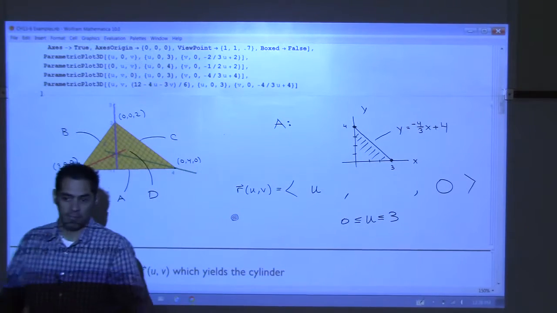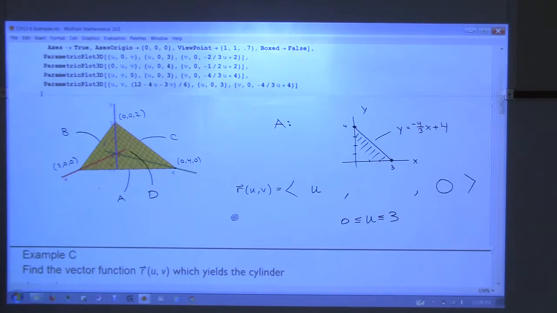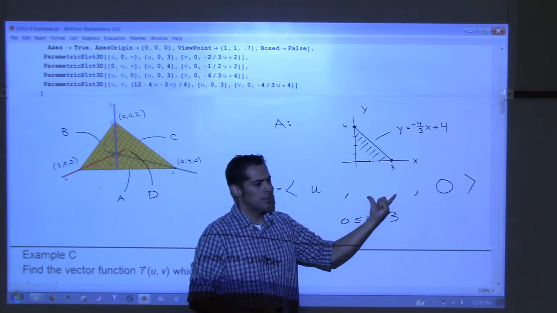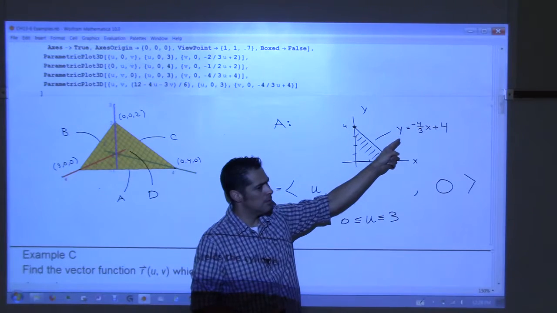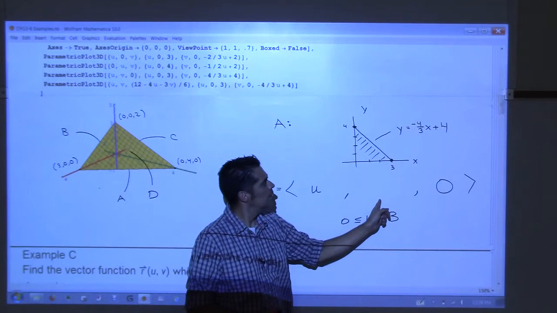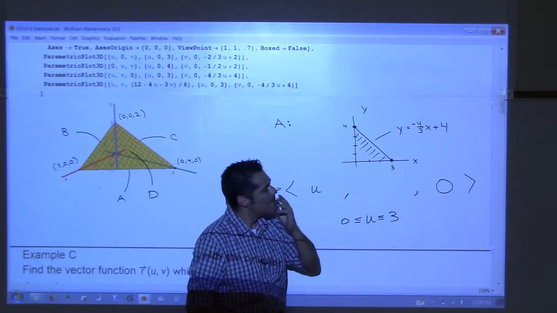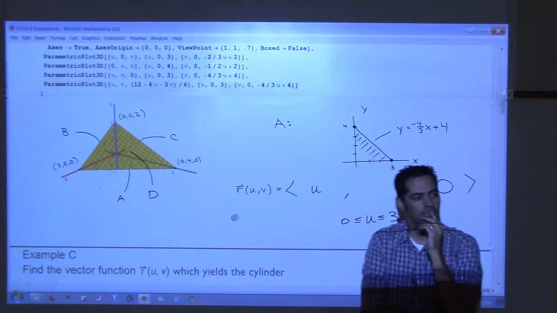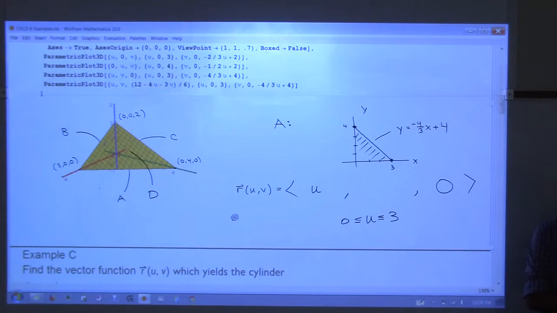What next? The y right here? Yeah, that thing would be the function, and then we plug in u for x, and then v would be varying, like from 0 to that function. You're on the right track.